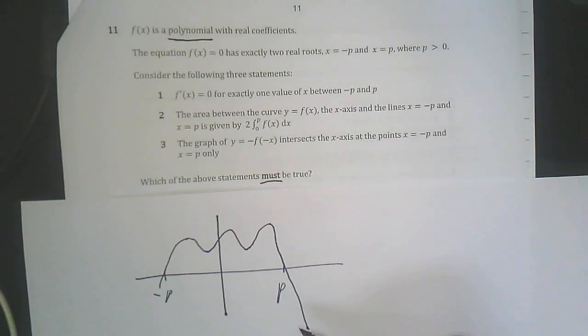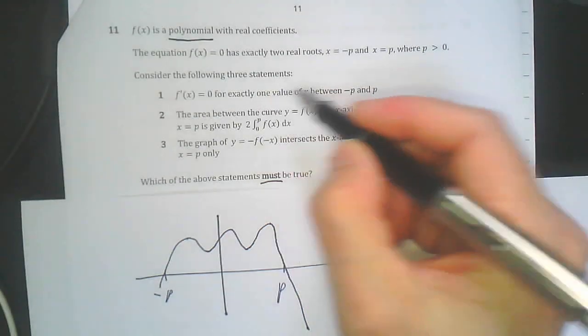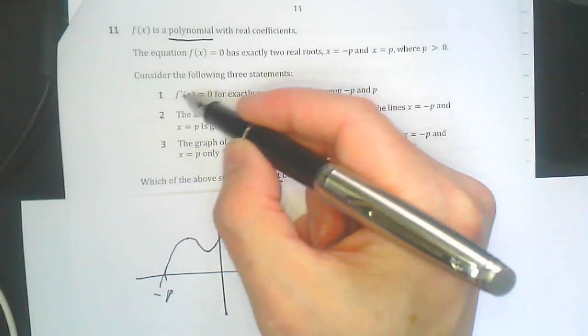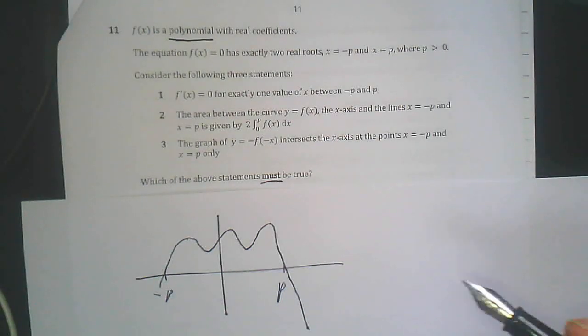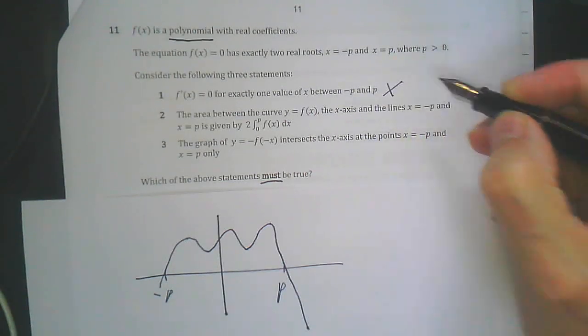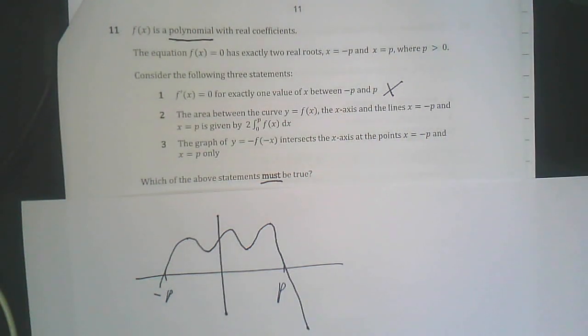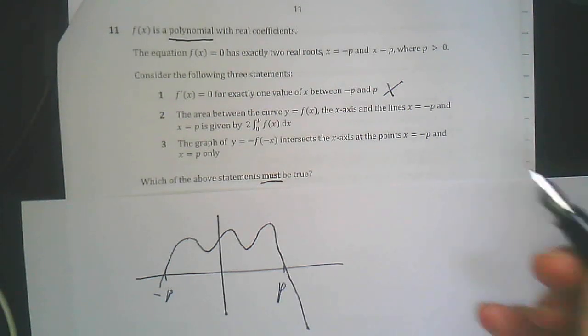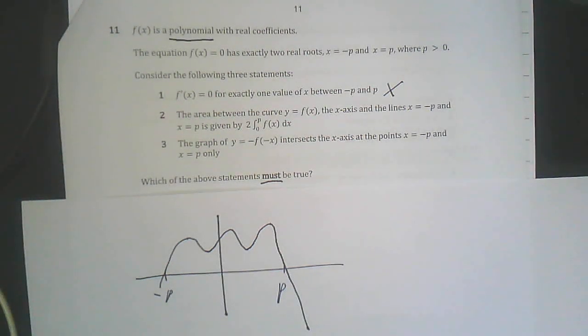So that suggests exactly one value for the turning points, which represents the turning points, is not necessarily true. So that's not a must at all. It would be if it was a quadratic, but anything else, and clearly it's not true.